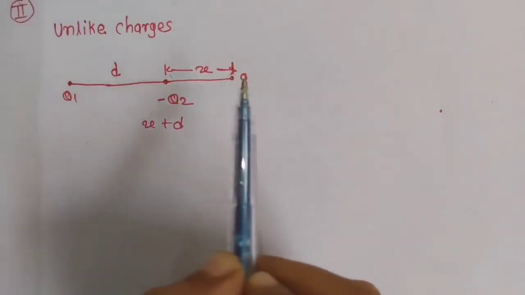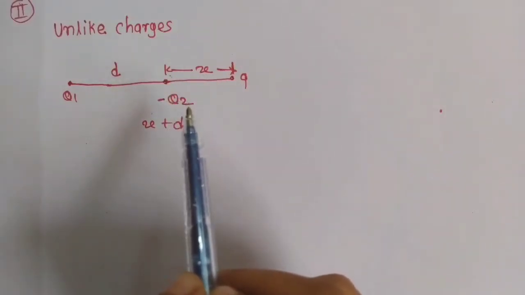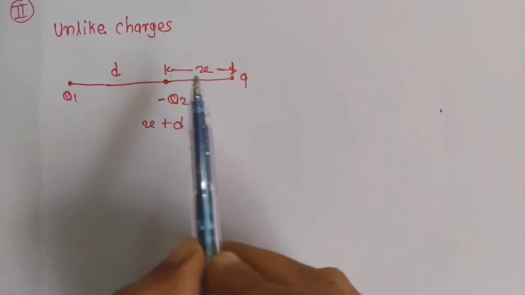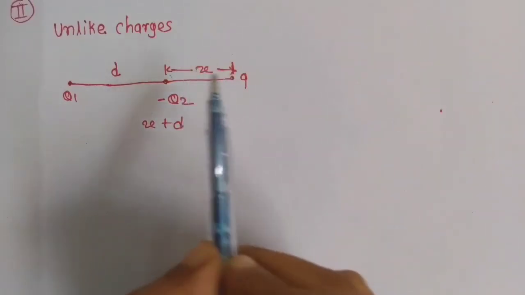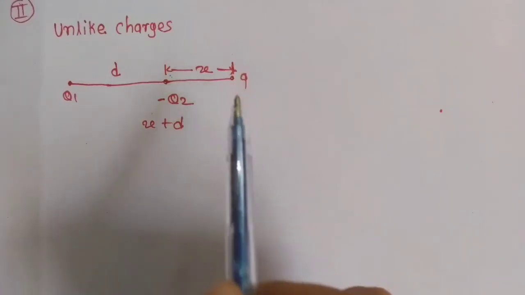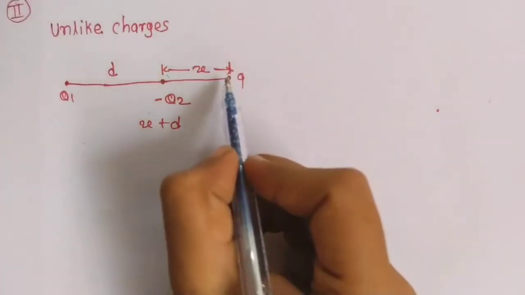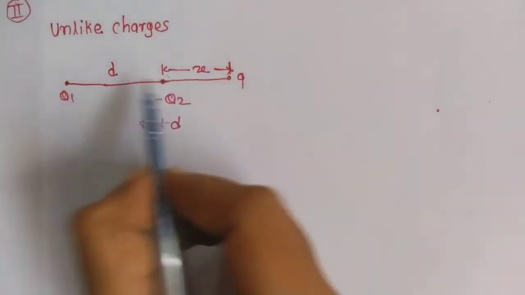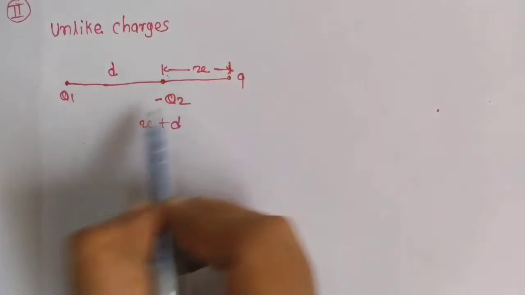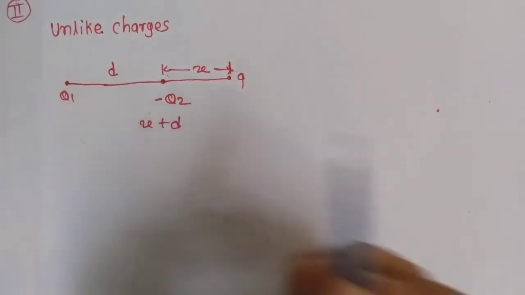The charge Q is located at a distance x from the charge minus Q2, and we have to find the value of x and the magnitude of the charge Q. The distance between the charge Q and Q1 is x plus d.